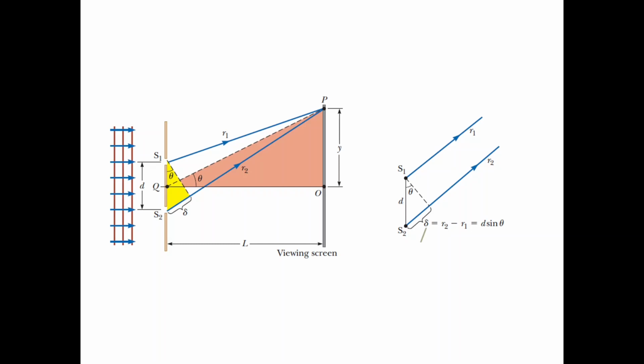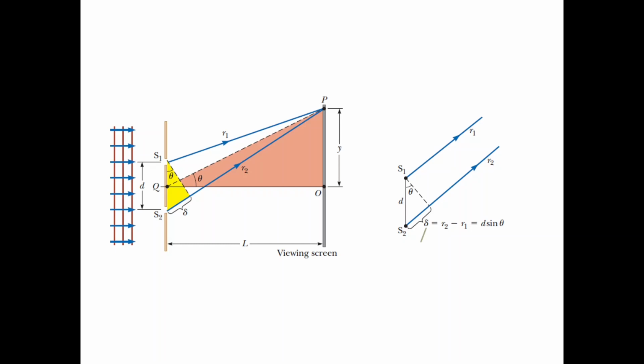From this yellow triangle, we see that the difference in distance which ray R2 travels with respect to ray R1 is defined by this delta, and this delta will be the distance between the two slits, let's call it d, times sine of angle theta.